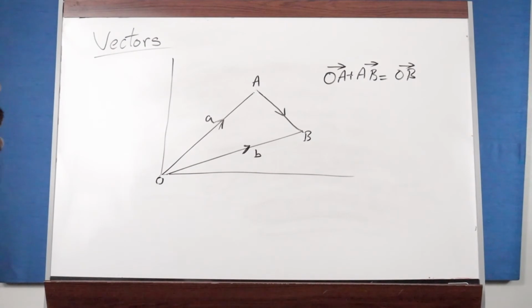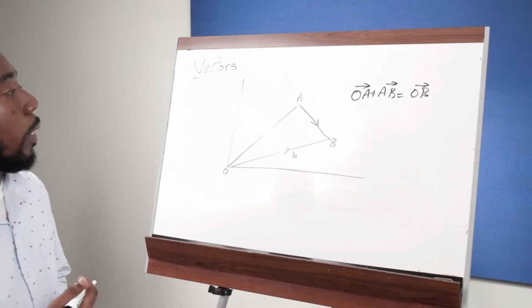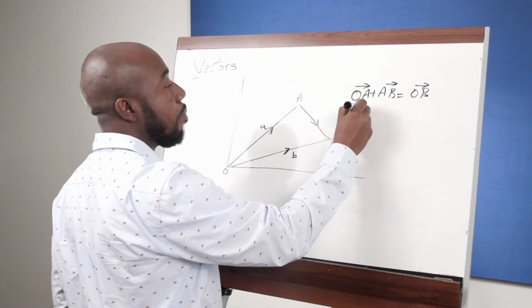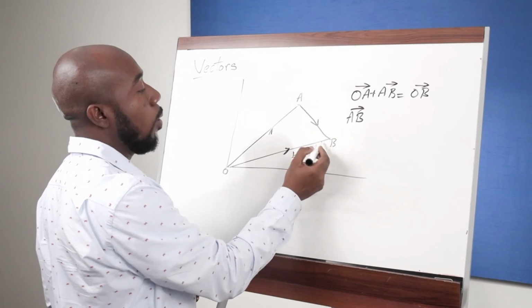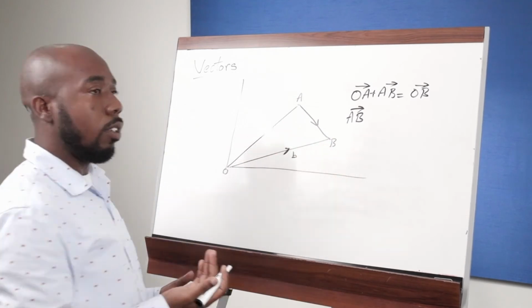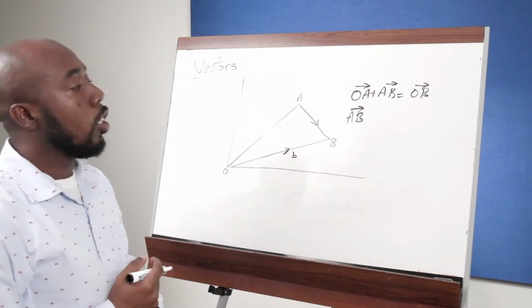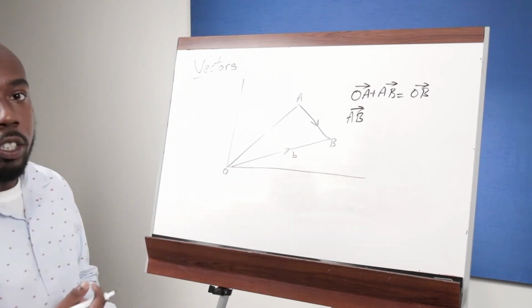Now, you can look at it a different way also. Let's say they ask you to find what is AB. So you're at A here and you want to get to B. Normally, they give you OA and they give you OB. So we always try to go back to the origin.